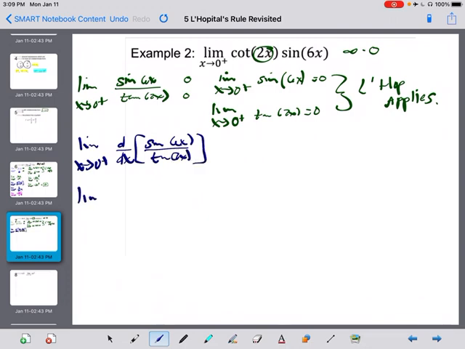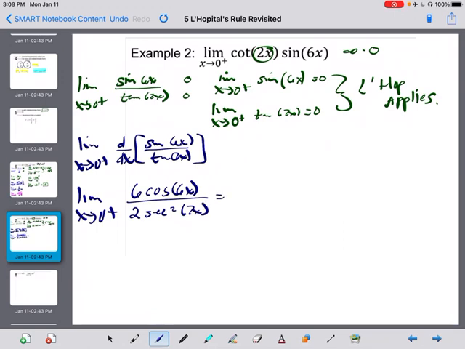And as you can see, the limit as x approaches 0 from the right is going to be 6, the derivative of sine is cosine, so this is going to be 6 cosine of 6x divided by the derivative of tangent, which is secant squared, and then times the derivative of the inner portion, which is 2, so 2 secant squared of 2x.